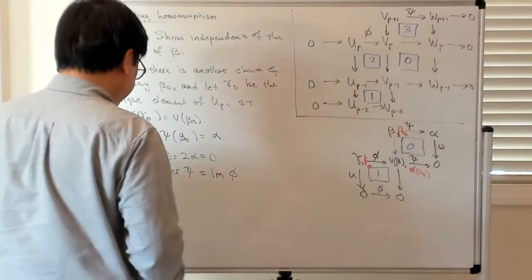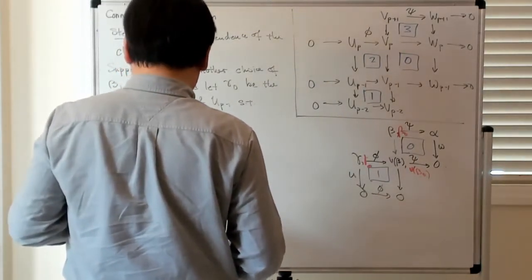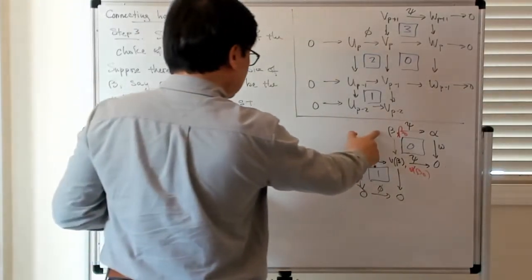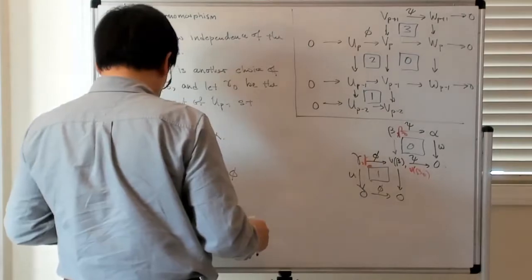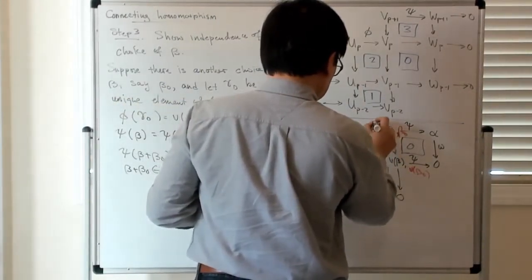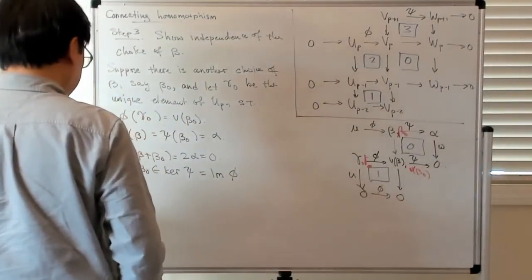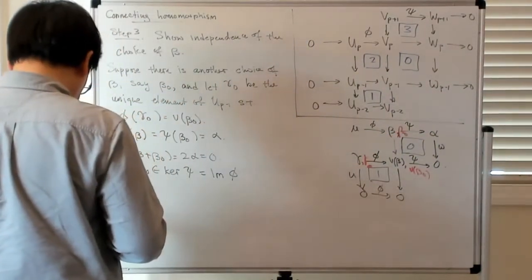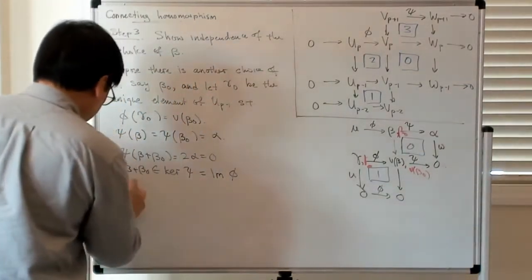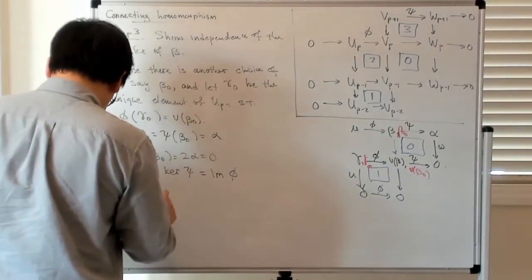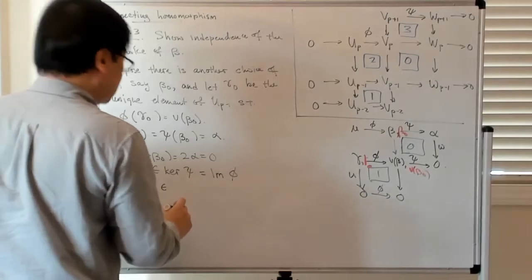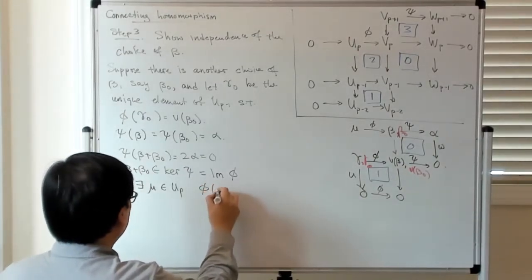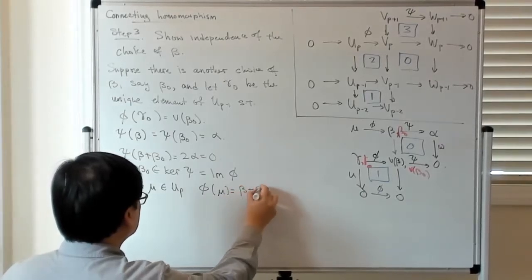So there exists something here, let's call that mu, in U_p, with the property that phi of mu is equal to beta plus beta 0.